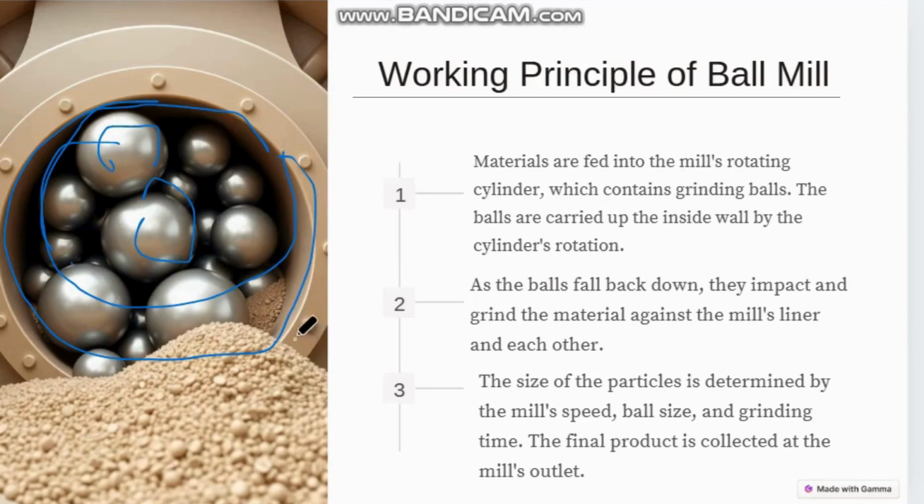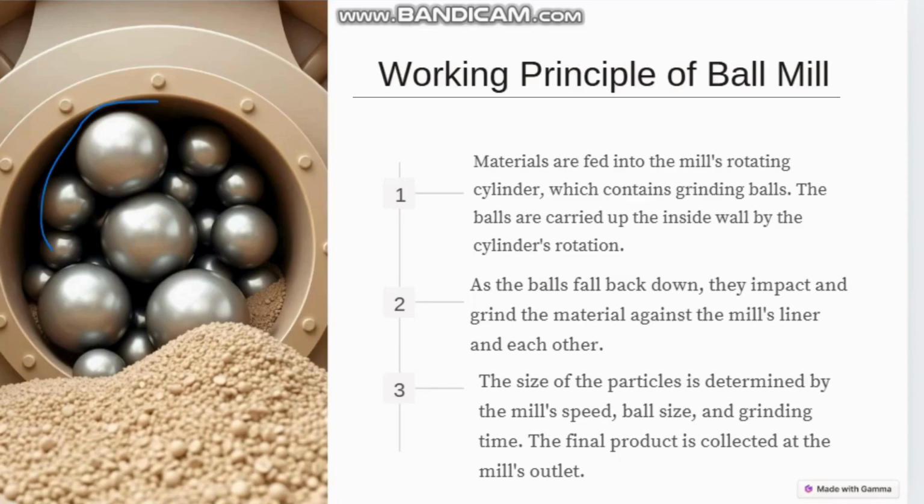Due to rotation of this cylindrical vessel, the balls get lifted up and they come back downwards. Due to this rotation of the balls, the material sample which is coming in contact with the balls gets ground due to impact. Means the balls will hit the sample. This process is called impact.